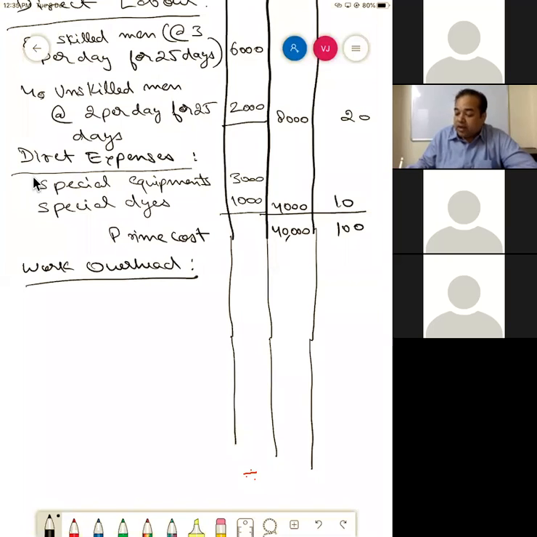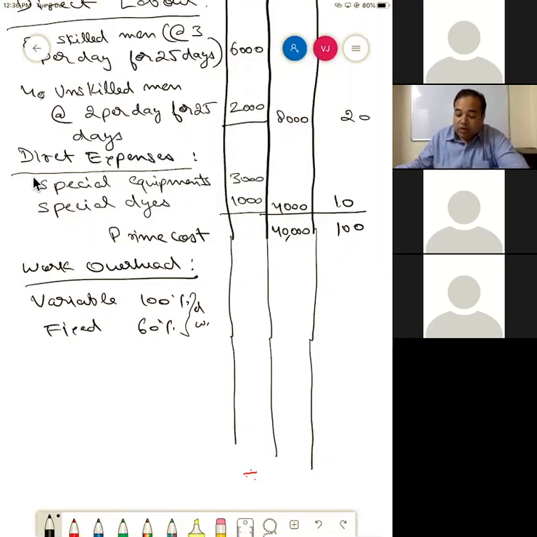Now in this work overhead in the question, it is given some cost is variable and some cost is fixed. For variable, it is 100% of direct wages, and for fixed it is 60% of direct wages. So let us see what is direct wages.